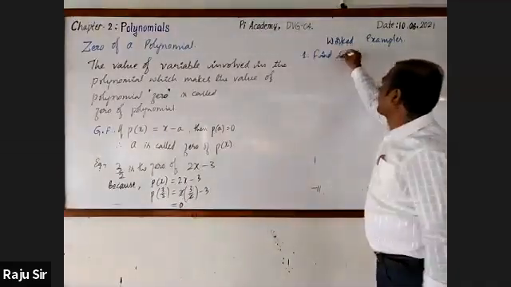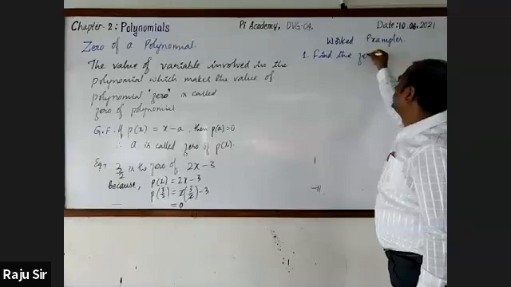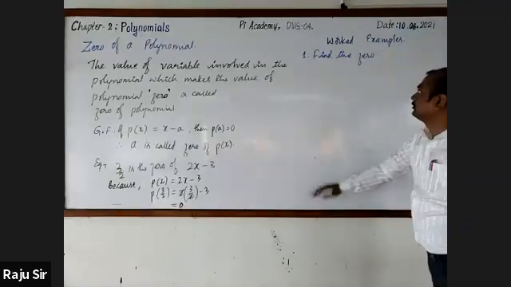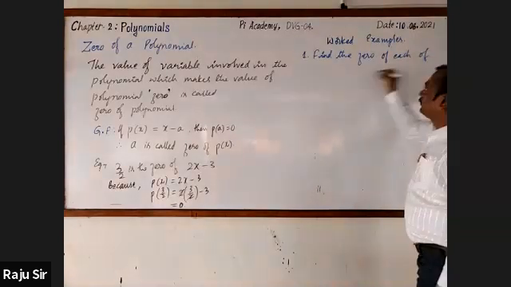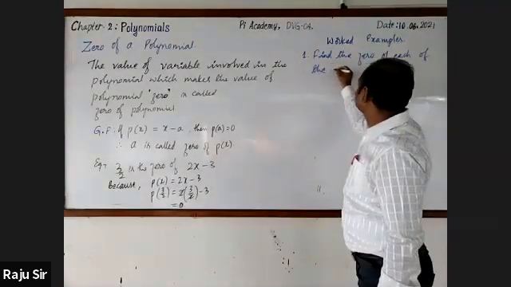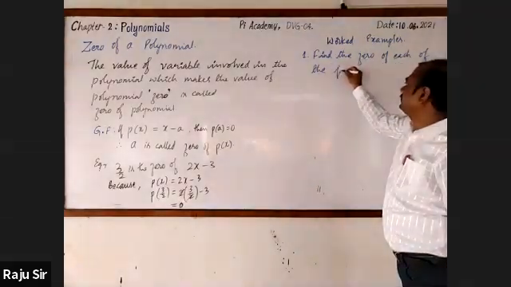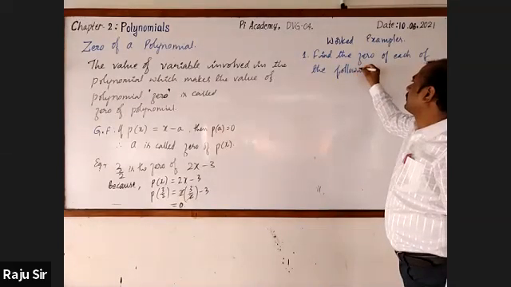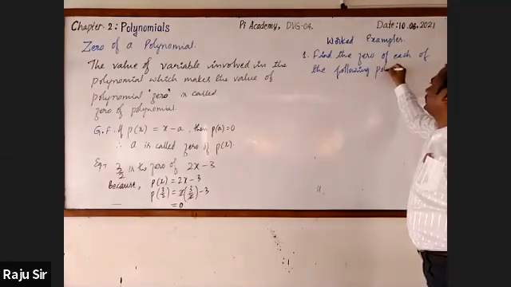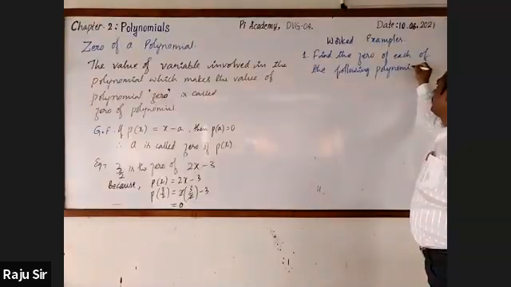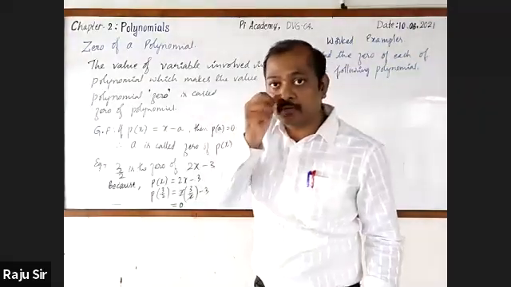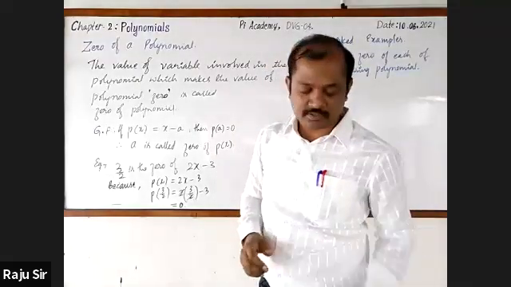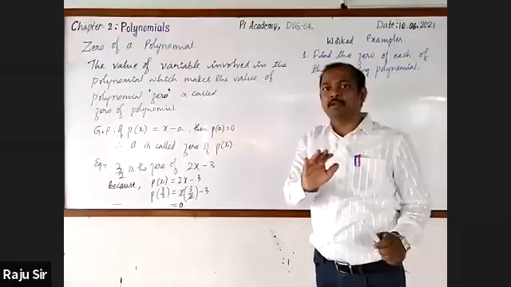Find the zero of each of the following polynomials. First, I take any 2 or 3 simple ones.